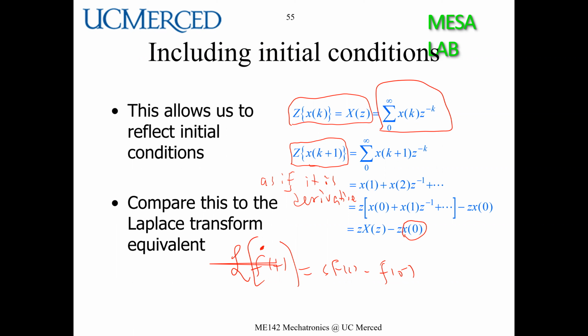This is my sequence. I just put the sequence in here and the z minus k in here. I keep writing it. However, this is not going to be nice because I really need to put in something called shifting. That means x1 z minus 1 times z is x1 z to the 0.